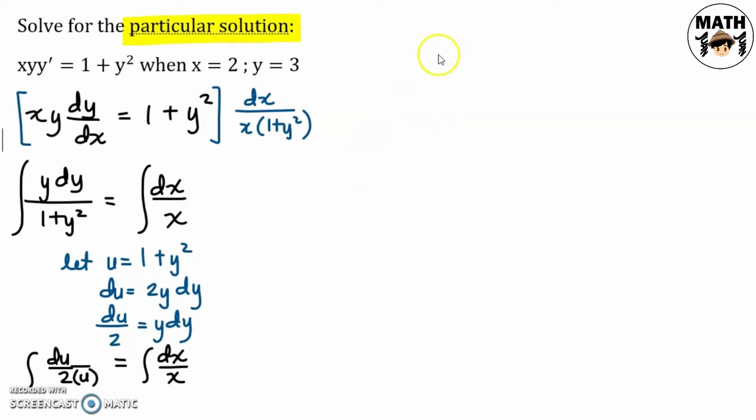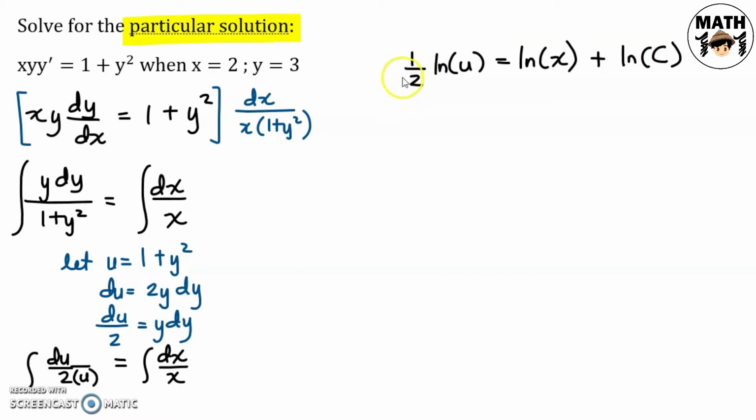So, integrating, we'll have 1/2 ln of u, that is equal to ln of x plus, so dahil yung first two terms natin ay inside ln, yung constant natin, lagay na rin natin inside ln.